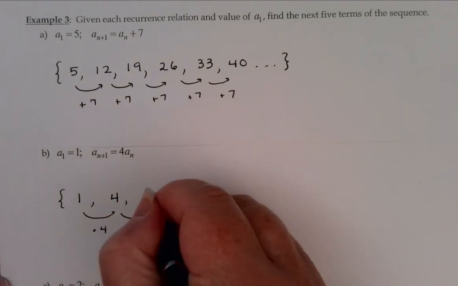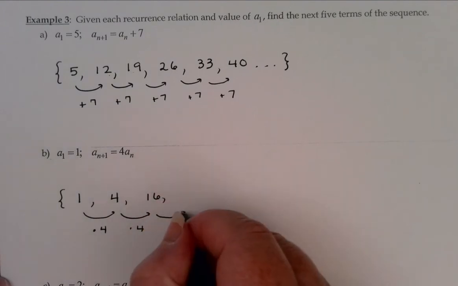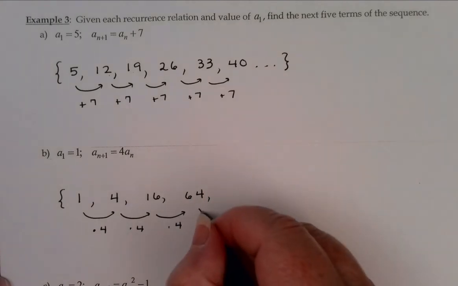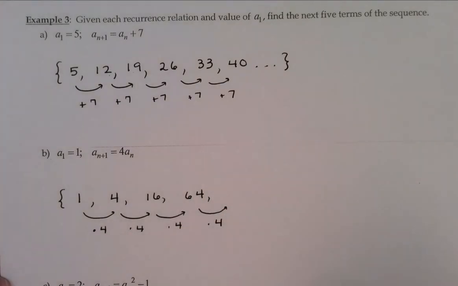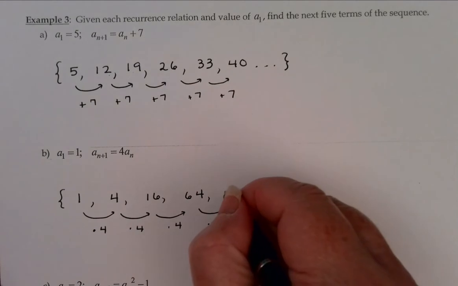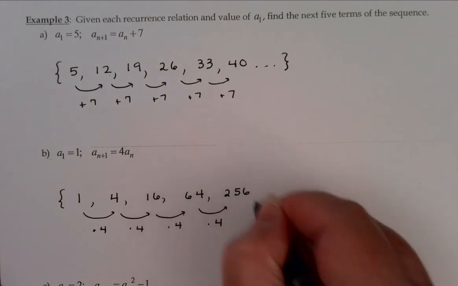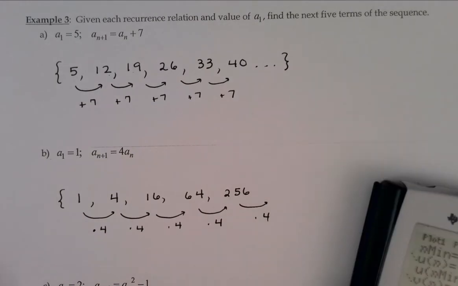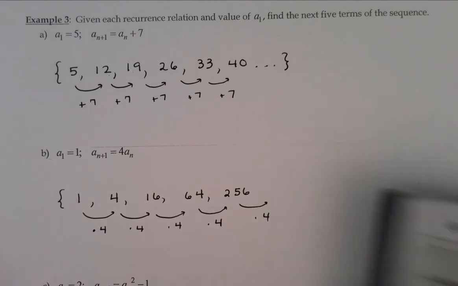Times 4 again is 16. Continuing to multiply by 4, I'll get 64. What is that? 256? Yeah, 1024, sorry.